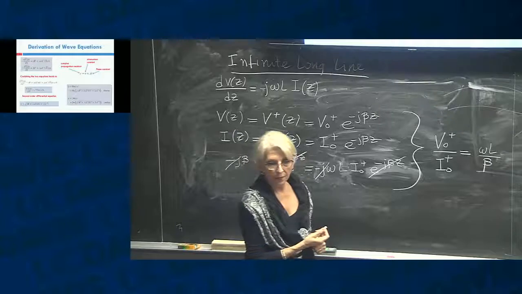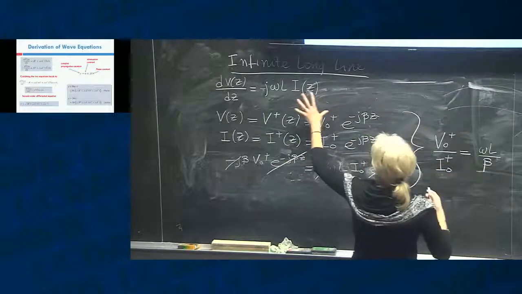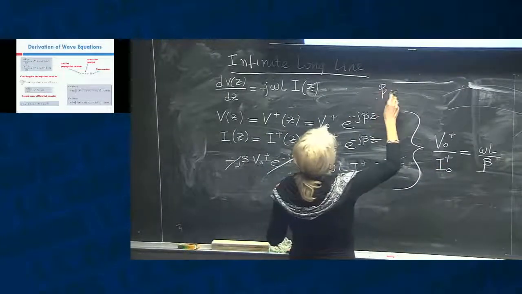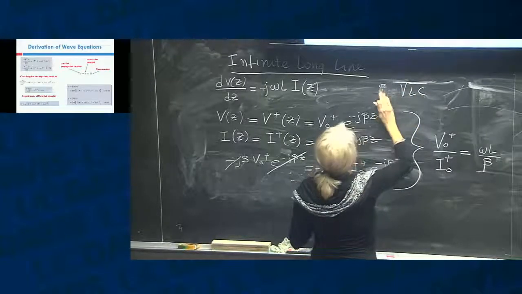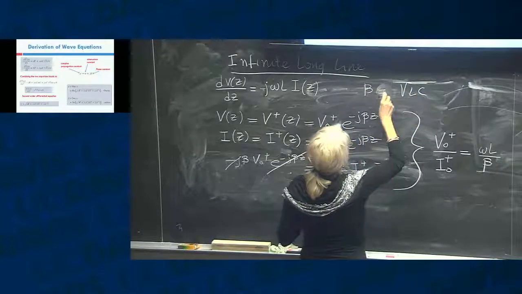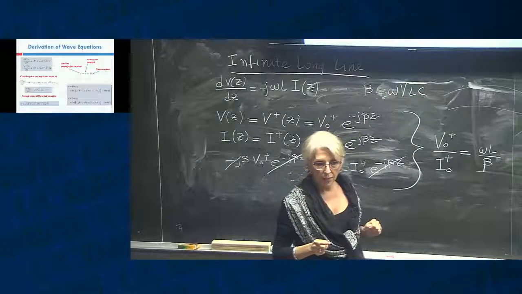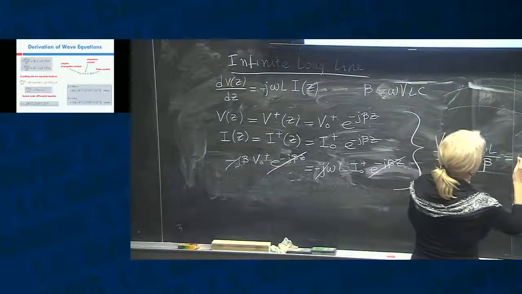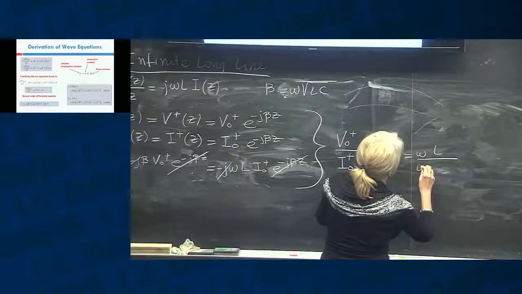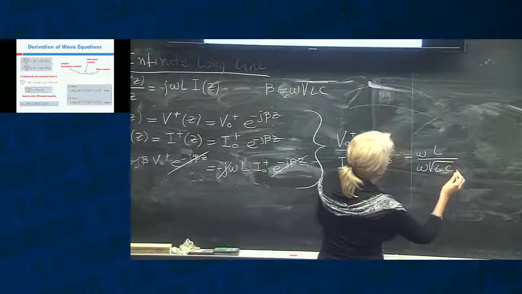All right? And how much is β for this, with an omega in front? Remember? ω square root of LC. So I plug in here. And what do I find?